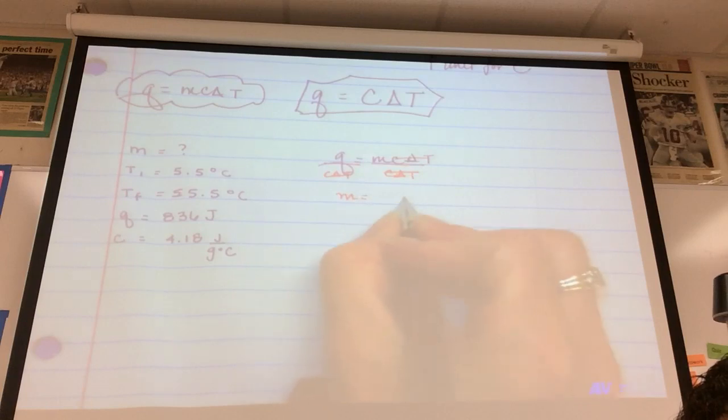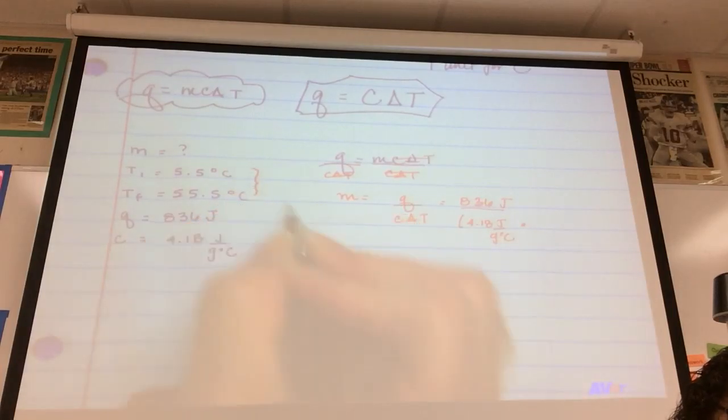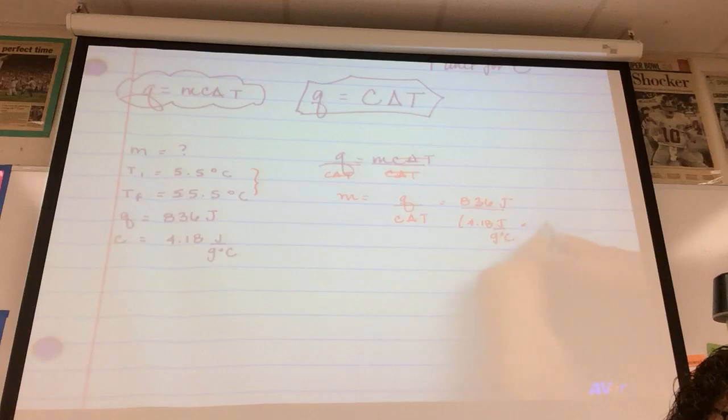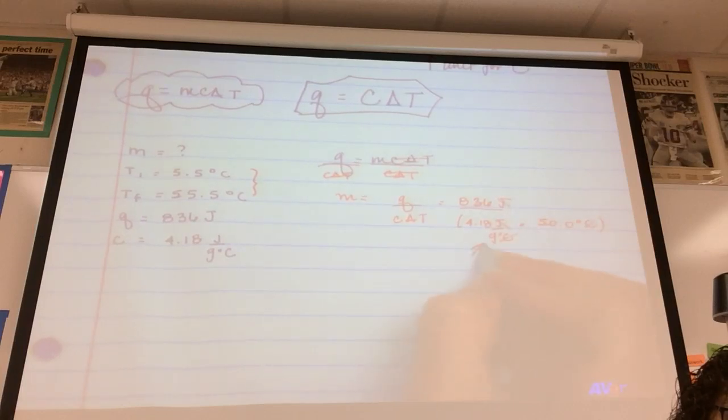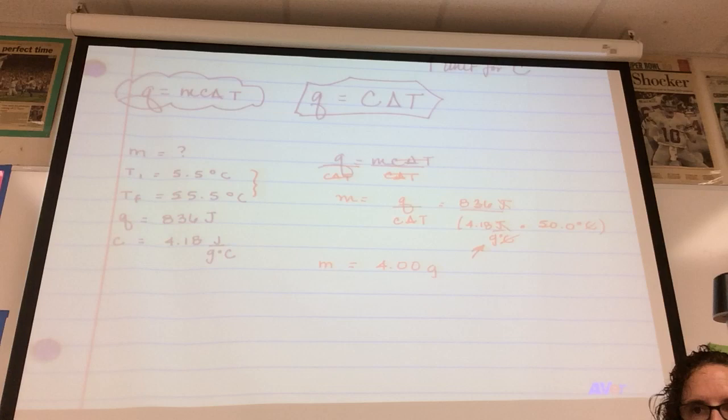So mass is equal to Q over C delta T, and you've got 836 joules divided by 4.18 joules per gram degree Celsius times your delta T. So that's going to be 50 degrees Celsius. Degrees Celsius cancel, joules cancel, gram is in the denominator of a denominator, flipping it to the numerator, and you've got 4 grams of water.